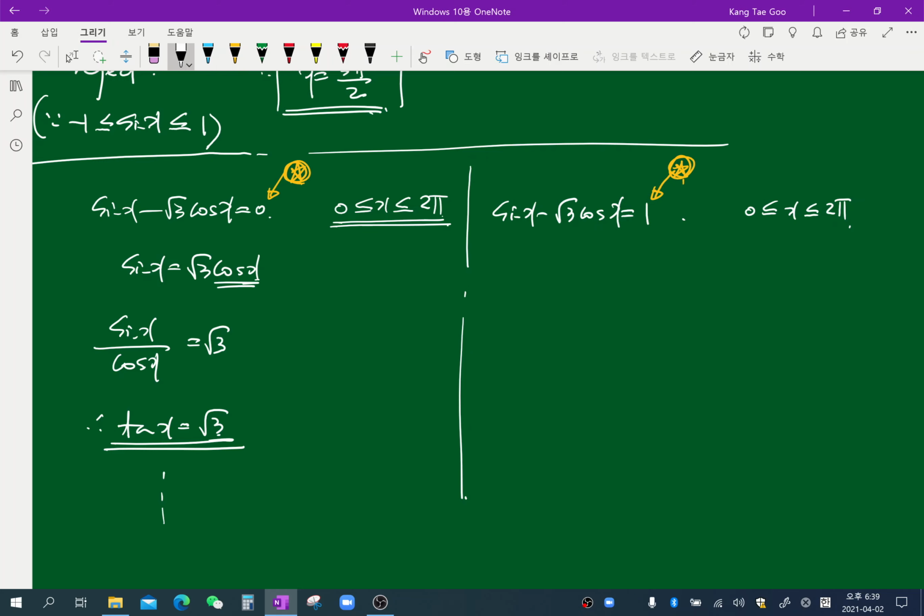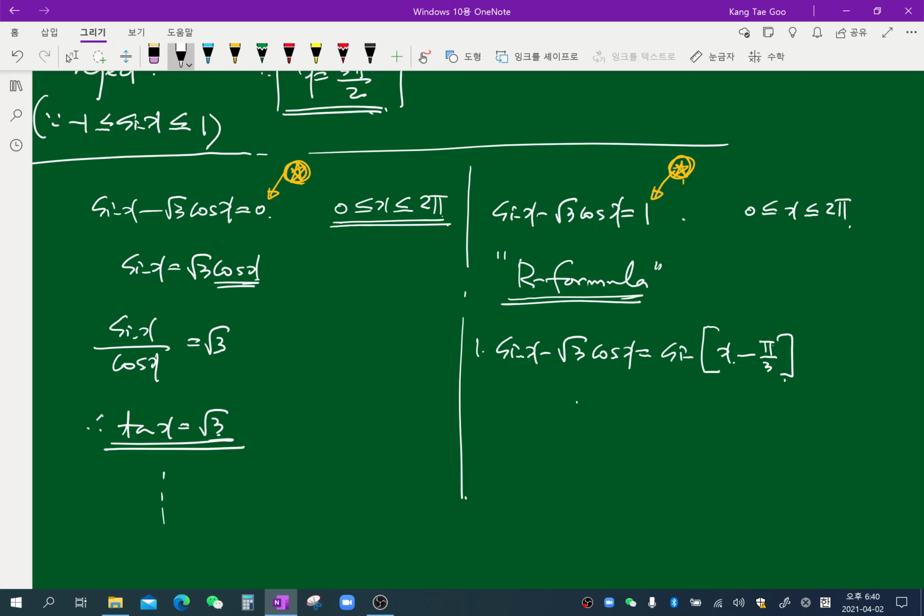We have our formula. Some textbooks say this is the R alpha formula or whatever. Anyway, what we know is sine x minus square root 3 cosine x equals, let's say we use sine x minus cosine, is 1 sine, square root 3 cosine, tangent minus pi over 3.